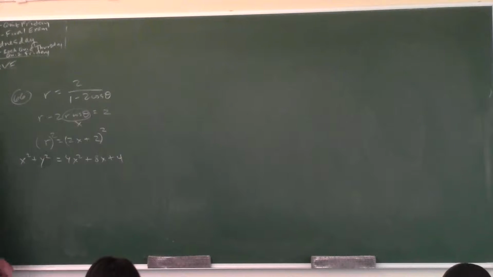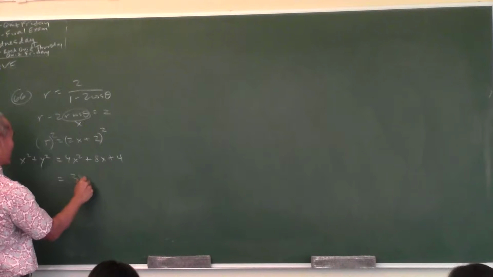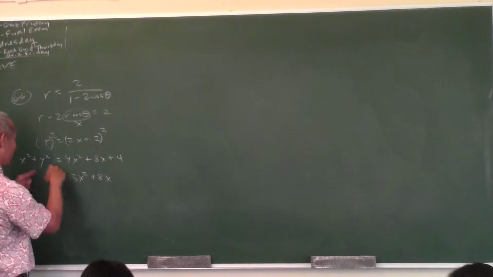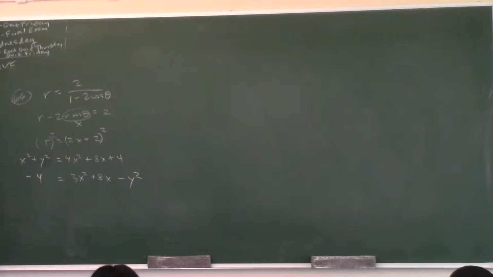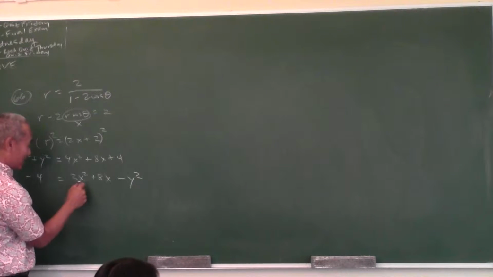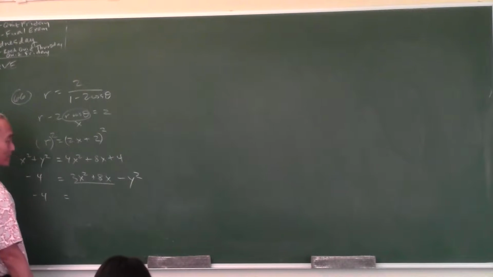So you put all the x terms together, so if you move it to this side, you're going to get 3x squared plus 8x. Put the y minus y squared, bring the number to the other side like that. It doesn't matter whether you put it on the left or the right, just pick one and go with it. Okay, now, see? Ugly. What can be factored out from these two numbers?